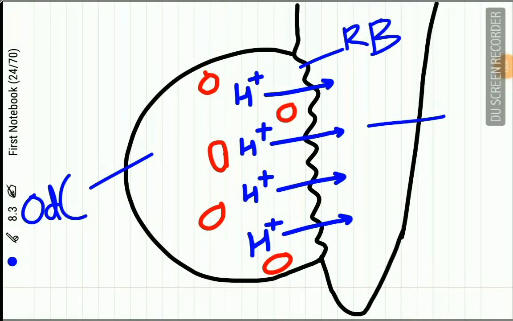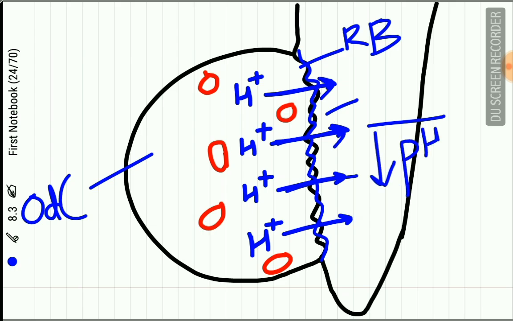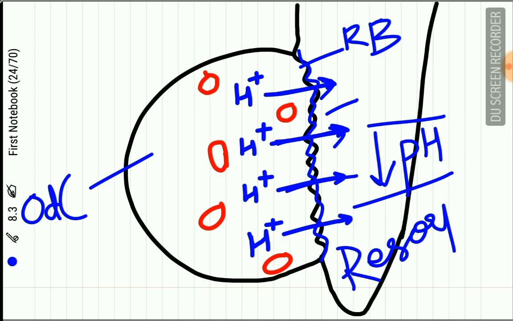Now this ruffled border seals the resorbing surface, and a microenvironment is created. This ruffled border pumps out protons and it decreases the pH at the resorbing site, and thus there is dissolution of the minerals and resorption of the hard tissue takes place.